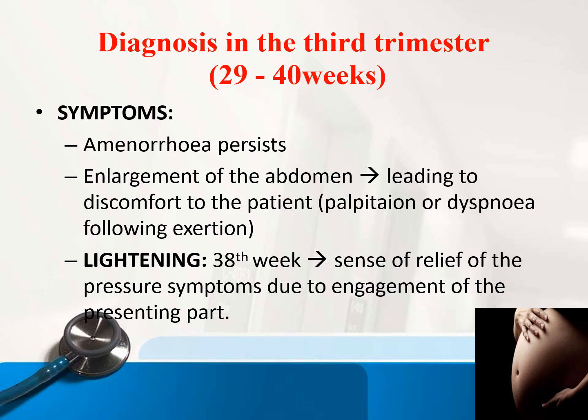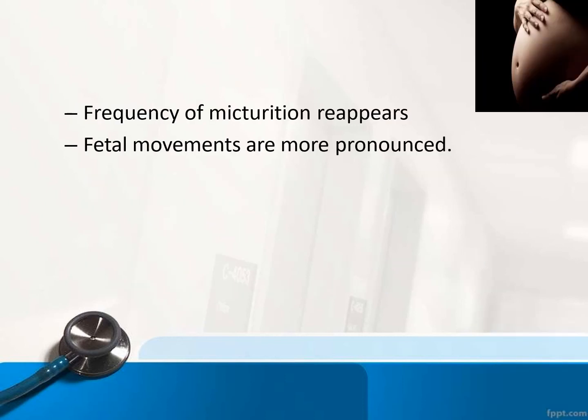Engagement of the presenting part means the part which is present in the lower part of the uterus will enter into the pelvis. And due to this, the lady will get frequency of micturition, because when the baby is coming downward, it will again start to apply pressure over the bladder. So she will get the frequency of urination, and the fetal movements will be more pronounced.